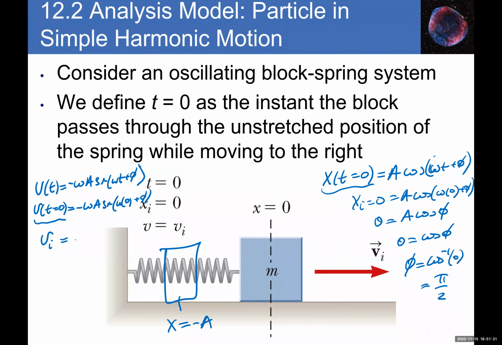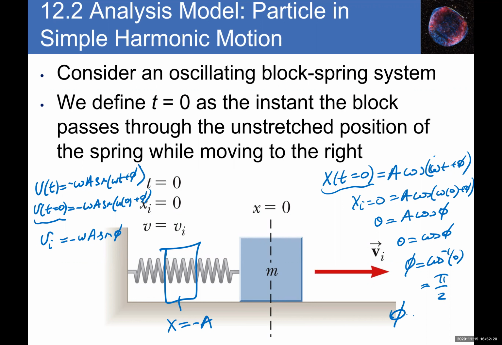And this equals negative omega a sine of phi. What I get from here allows me to find what a is. So in this case, I can use it to find a.